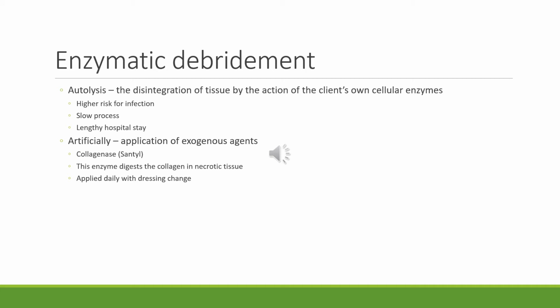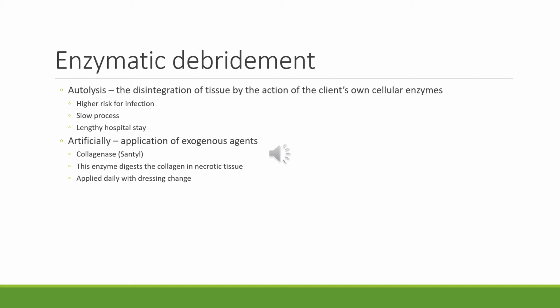With enzymatic debridement, the disintegration of tissue by action of the client's own cellular enzymes is known as autolysis. However, there's a very high risk for infection with this particular type of enzymatic debridement, and it's a slow process and also results in lengthy hospital stays.